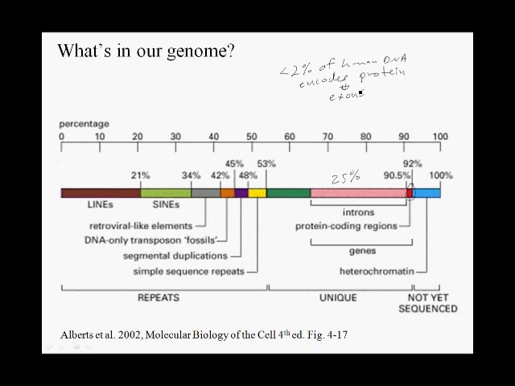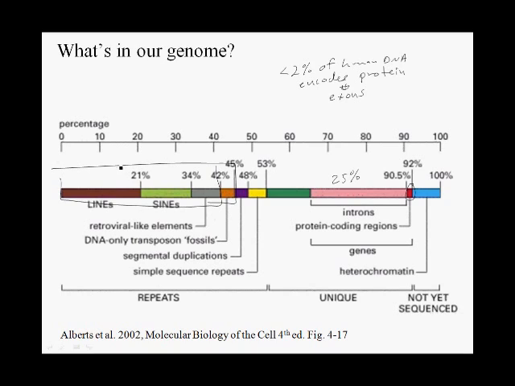What we see is that by far the largest fraction of the human genome consists of these sequences mysteriously named LINEs, SINEs, retroviral-like elements, and DNA-only transposons.